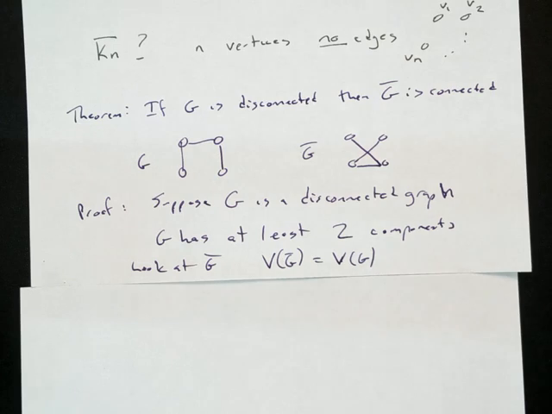What am I trying to prove? Aha, but not just where there's no path, but every, right? Because the goal now is to show that this is connected. And to show that it's connected means that any 2 vertices have to have a path, whether it's one edge or more, right? So pick 2 vertices.